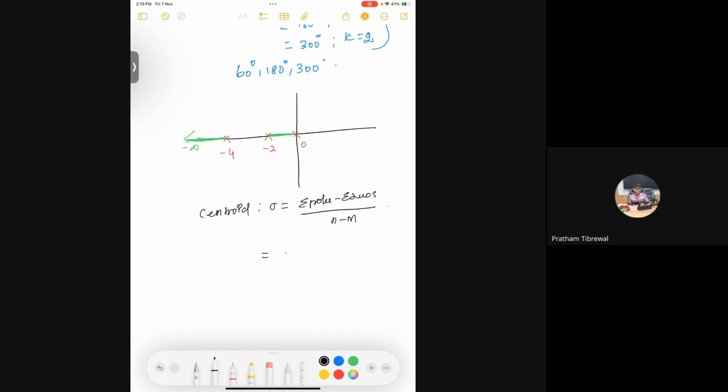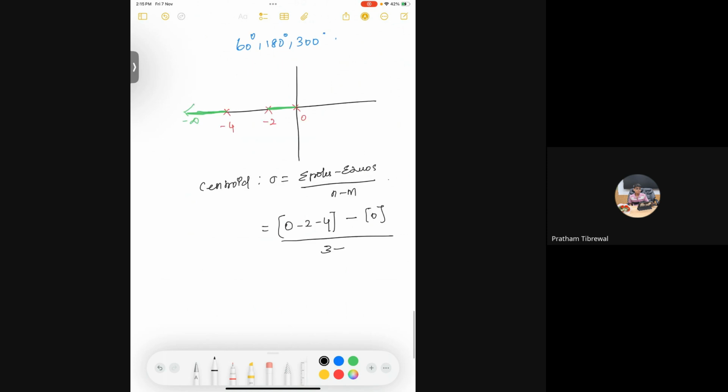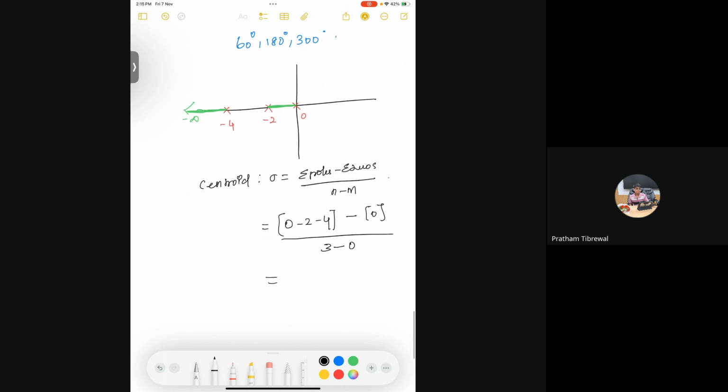So you have poles at 0, minus 2, minus 4, right? I don't have any zeros, it's simply 0, divided by number of poles minus number of zeros, so 3 minus 0. Totally it will be minus 6 divided by 3 equal to minus 2. So your root locus is going to split at minus 2, exactly at this point.